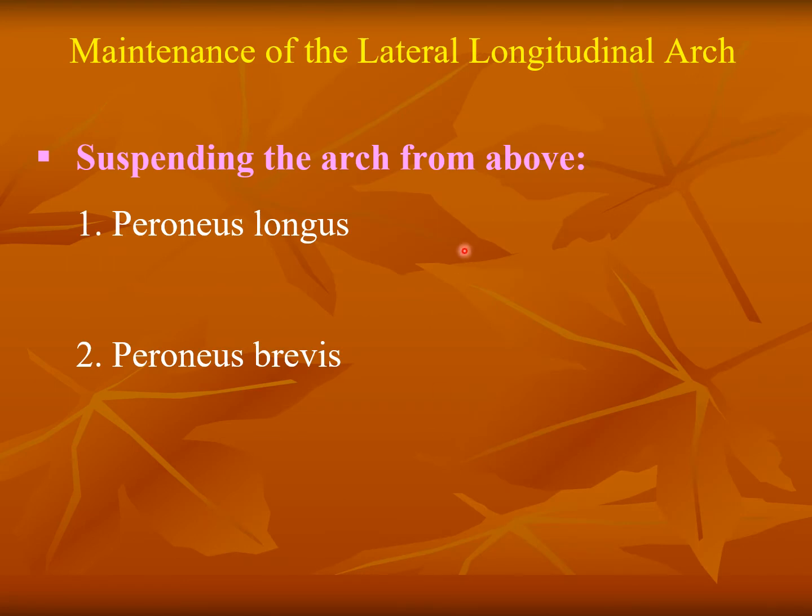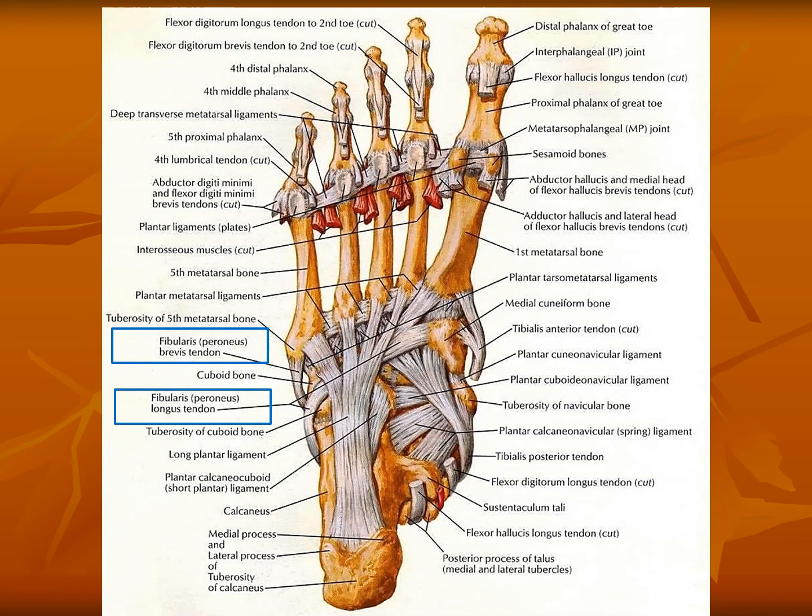And for suspension of this arch, peroneus longus and peroneus brevis, which are the muscles of the lateral compartment, are acting as suspension bridges for the lateral longitudinal arch. So here you can see the fibularis posterior, peroneus brevis, and fibularis or peroneus longus tendons.